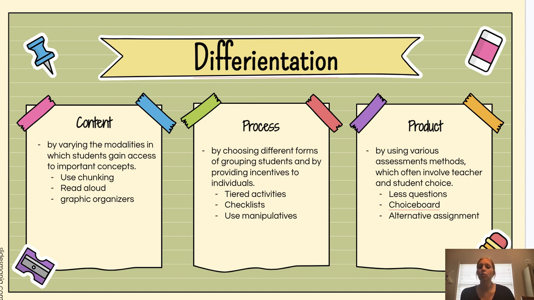So maybe instead of writing down notes, they have a graphic organizer. Also processing. I use this a lot with my fifth graders, even ones that were not performing below grade level, but they needed a checklist. This helps me. I live by a checklist, and they need to be taught how to use a checklist in order to be successful.